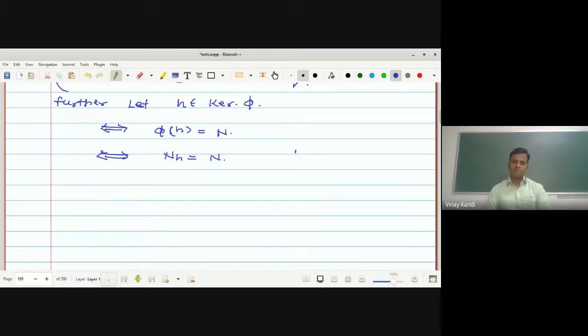So this implies h belongs to what? Because h into a is equal to h, this implies a belongs to n. So here h belongs to n.